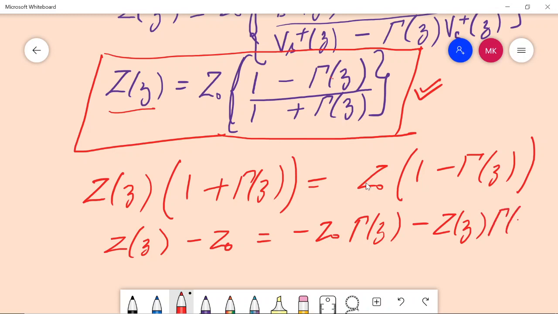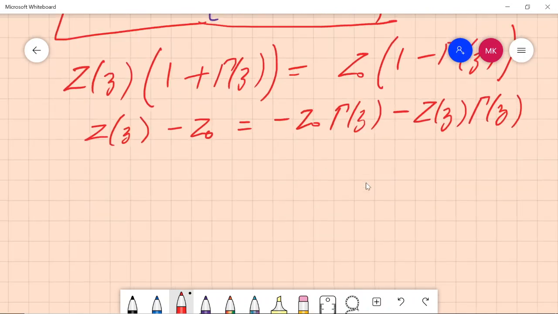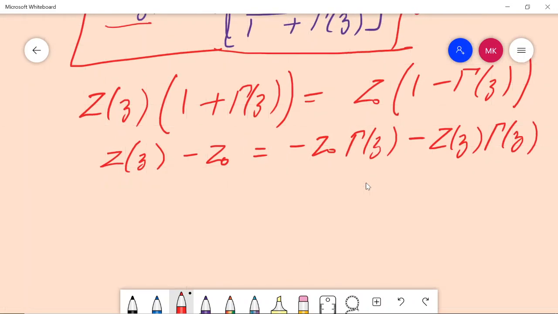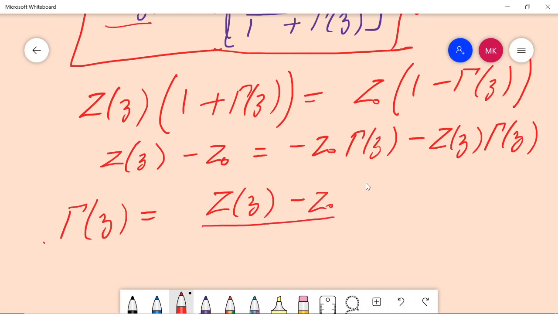If you further do the analysis, what you will get is gamma z equals (Zz minus Z naught) over (Zz plus Z naught). You can verify, you will get this expression.